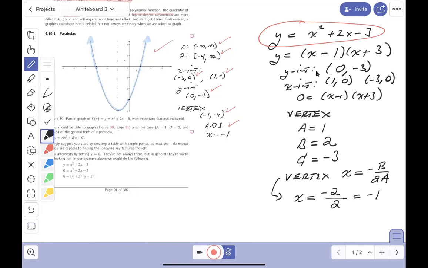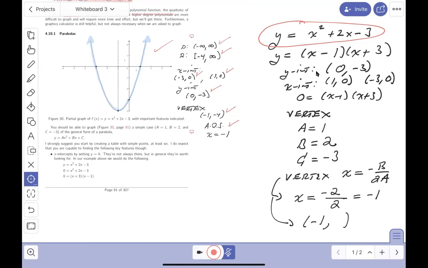So what do you do now? Well, you write the point down. -1, comma. I hope you're not struggling too much, but you would take the -1 and plug it in up here. What would you get? 1 minus 2 minus 3. Well, 1 minus 2 is -1. -1 minus 3 is -4.